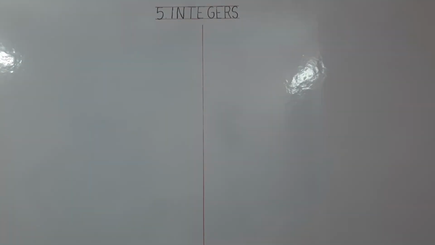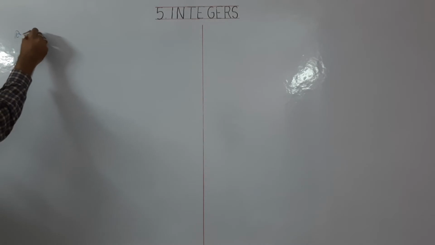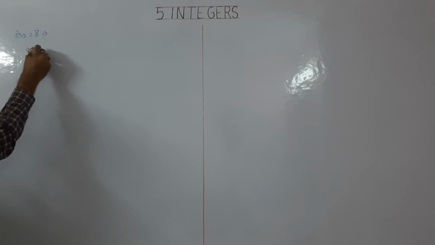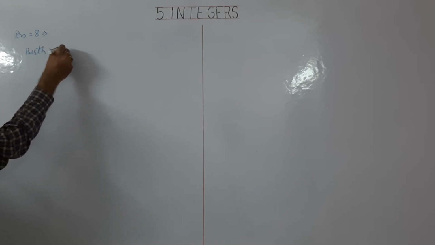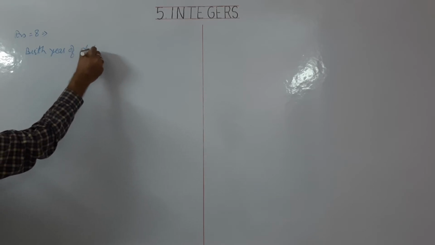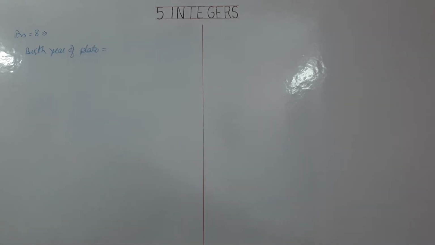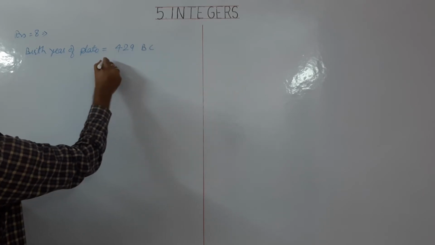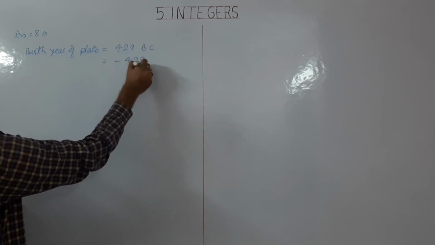Next, question number 8. Plato was born in 429 BC and died in 348 BC. How long did he live? So answer number 8. Birth year of Plato, or year of birth of Plato, is 429 BC or minus 429.